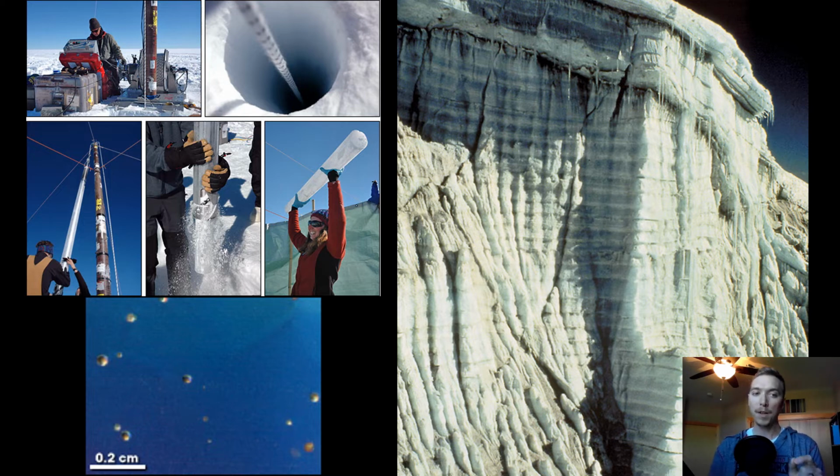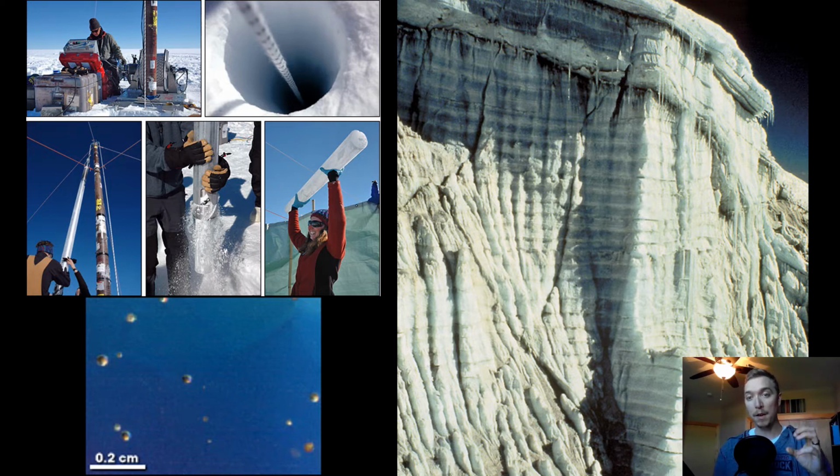And those bubbles capture basically the state of the atmosphere at the time that it was formed. So as snow falls onto the planet, it is buried by more snow. And as that snow starts to condense and those crystals start to break down, they compact and they capture small little bubbles of air.